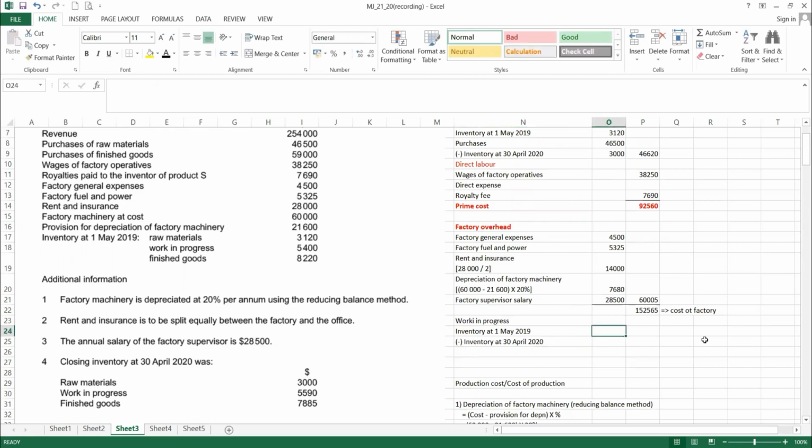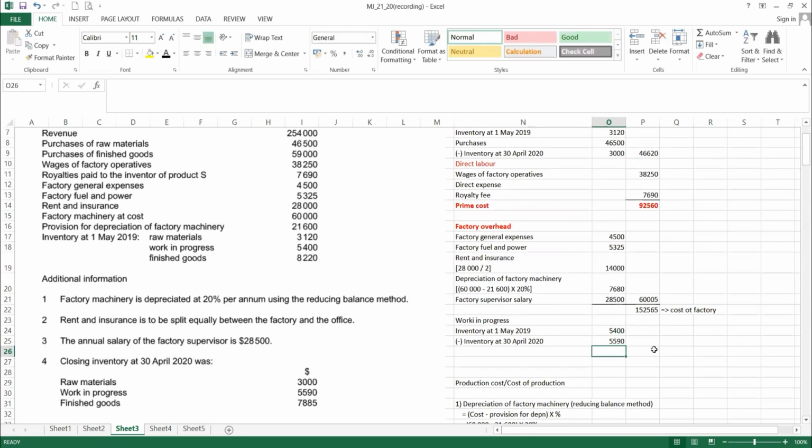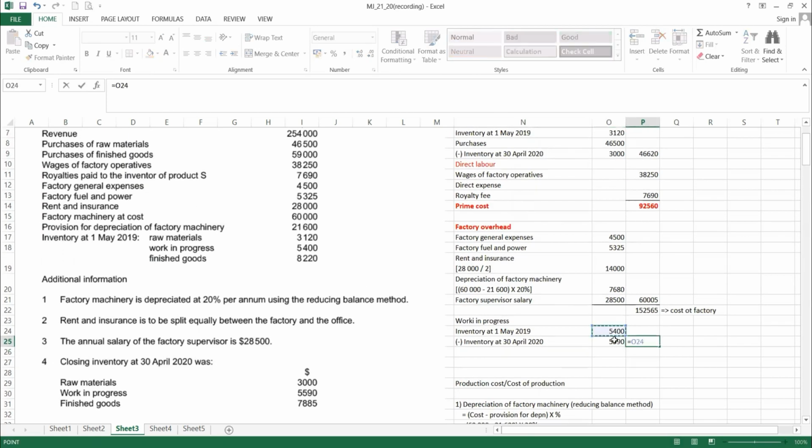Opening we plus, so the amount 5400, and closing 5590 we minus. So we take opening minus closing. And now you notice that here I get negative. In exam, don't put negative in front. Put bracket 190. This bracket indicates a minus, a minus that you need to deduct.